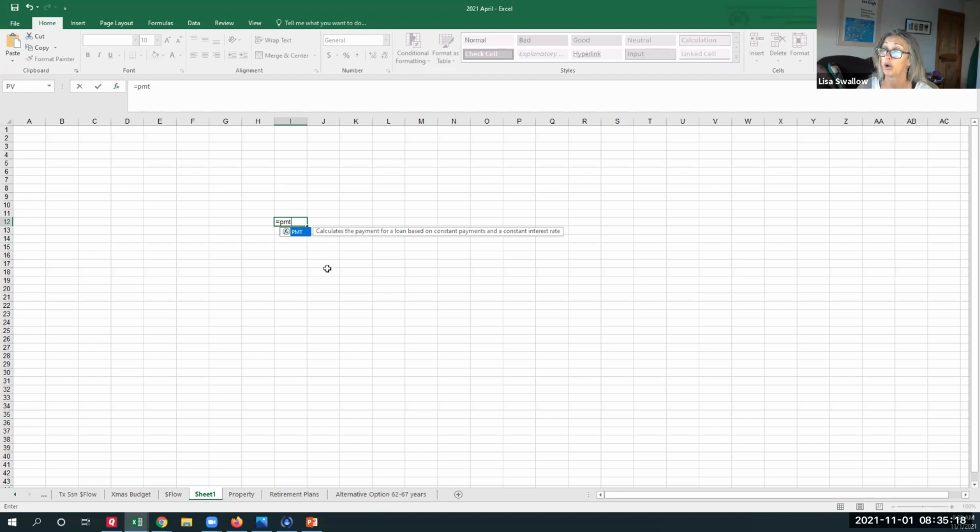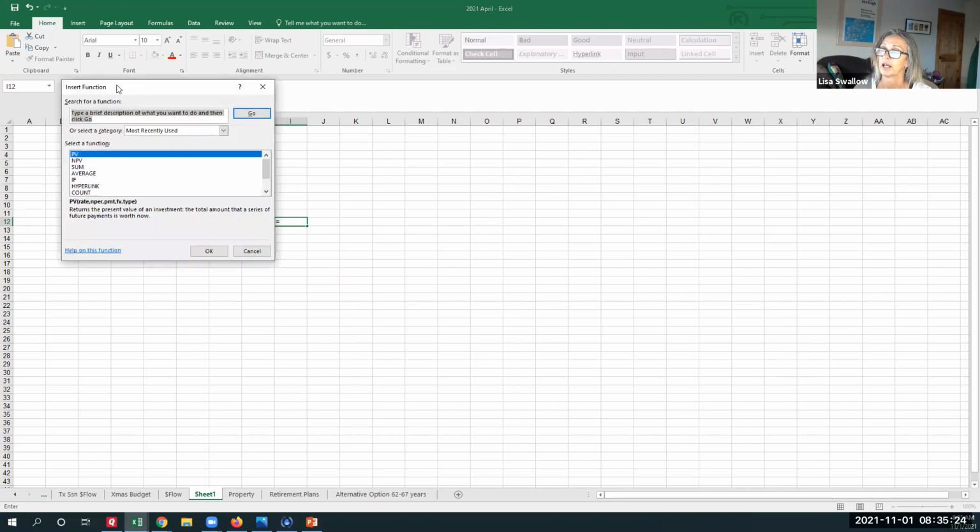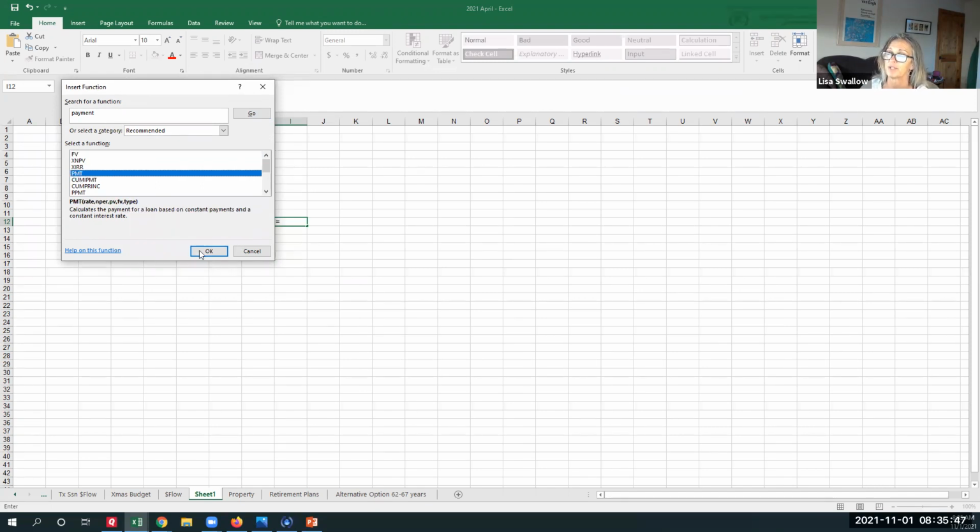I happen to know what the parameters are, but if you didn't, you would go up there. It says type a brief description of what you want to do. Well, I want to calculate a payment. And here are some choices. You can read the description on each of them. I know that what we're doing is PMT.